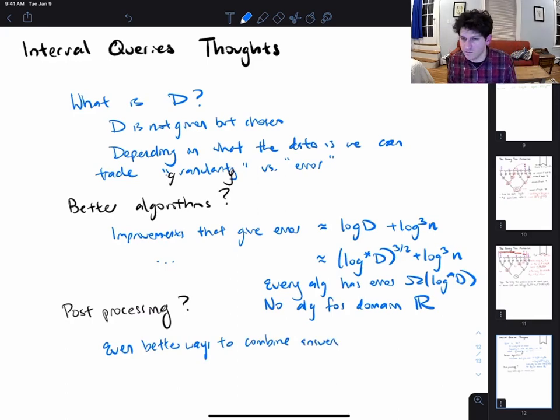And the nice thing about privacy is it says basically once you pick what you measure, so once you pick the queries you're going to answer with privacy, you can do whatever you want to recover better answers. You can get as clever as you want without having to think about privacy. One of the nice things about differential privacy is that you don't have to change the analysis if you come up with a better way of combining answers.